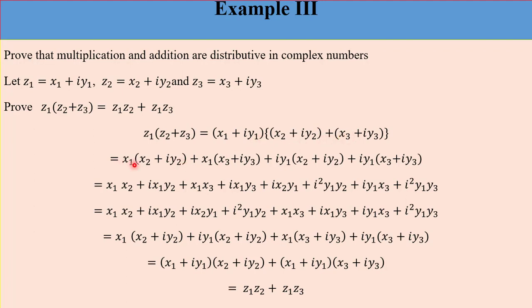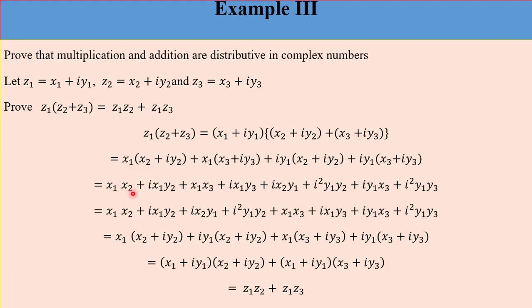Now from here we shall have x1 into x2 plus iy2 and plus x1 into x3 plus iy3. Then iy1 into x2 plus iy2, then plus iy1 into x3 plus iy3. So we shall have this expression. You can still go ahead and simplify it by opening the brackets.